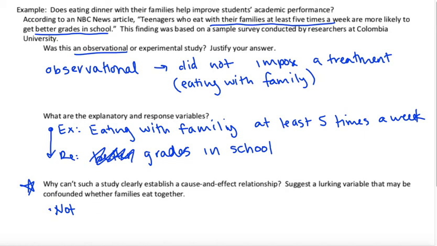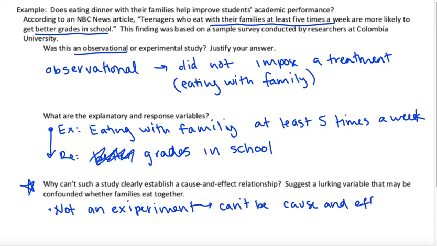So since this is not an experiment, it can't be cause and effect. So that's one reason it can't be cause and effect. We didn't have control over the students eating with their family at least 5 times a week, so we can't say that's what caused their grades in school.